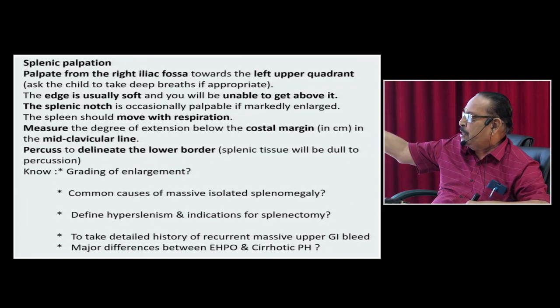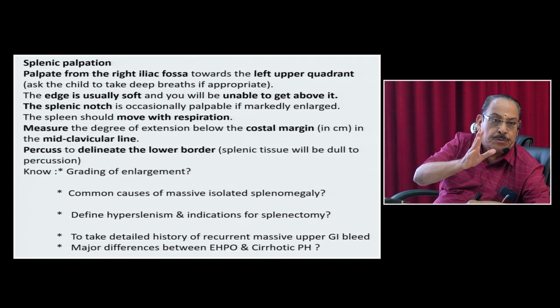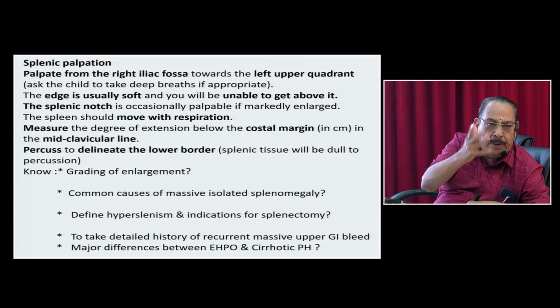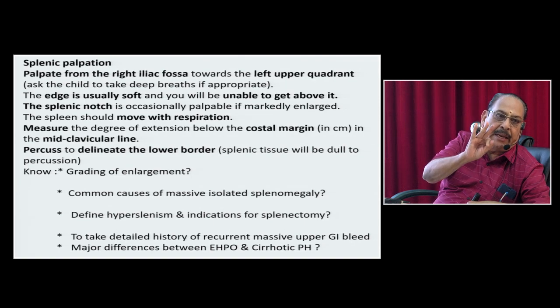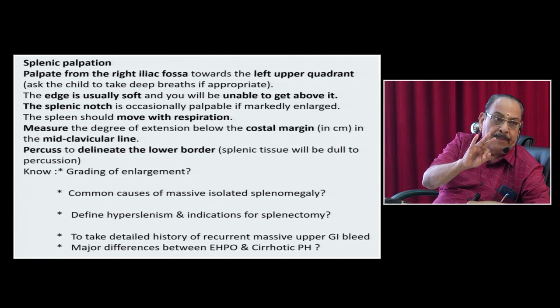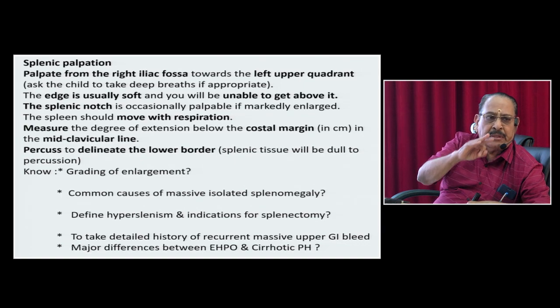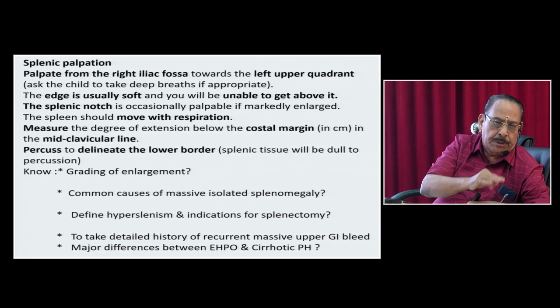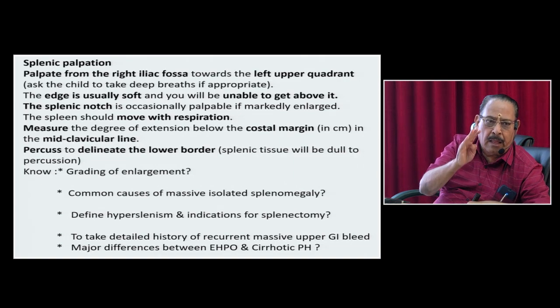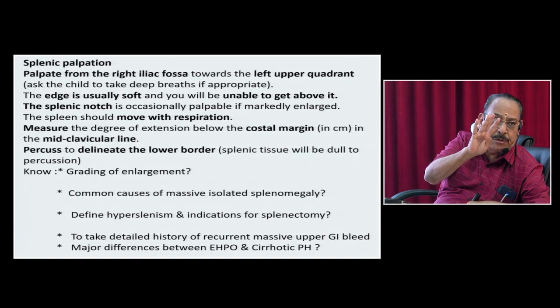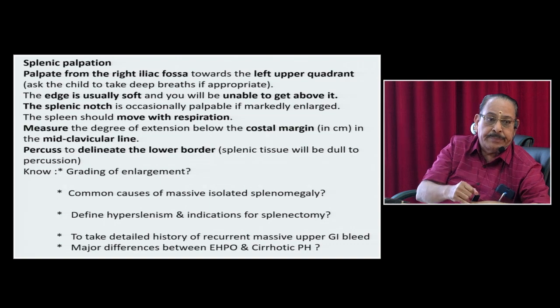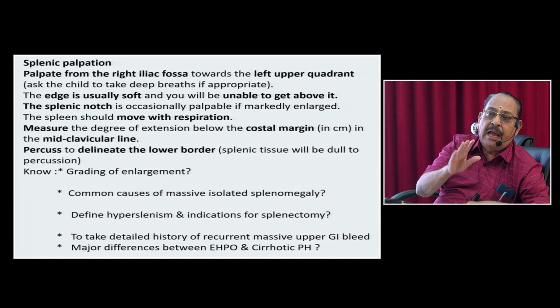The next one, of course, is the massive splenomegaly. 4 conditions: extrahepatic portal hypertension with hypersplenism, infantile Gaucher, then hemolytic anemias, particularly thalassemia major. Moderate with chronic, you can have spherocytosis. North Kala-Azar. These are the four you should think of first. Second, less commonly, myelofibrosis, chronic myeloid leukemia, any hypersplenism.